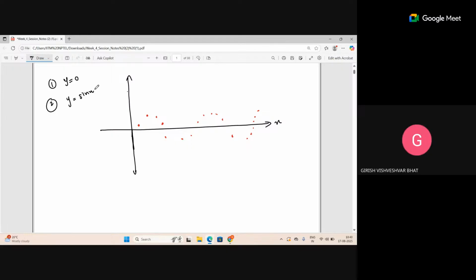Y equal to 0 means this one, the x-axis. This is y and this is x, and y equal to sine x. How does that look? Exactly like this, the red dots.